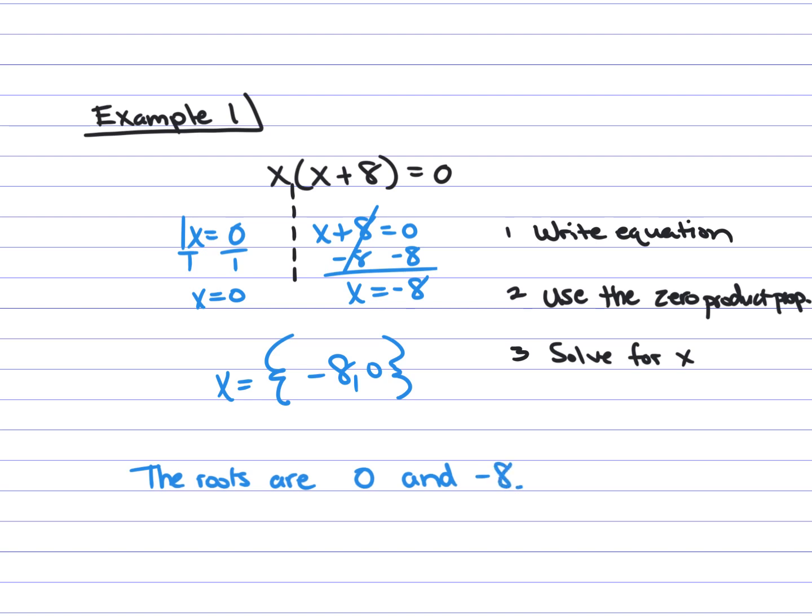That means if we were to graph this quadratic, that is where it would cross the x-axis. Recap: it's already in factored form, so we write the equation, use the zero product property and set the factors equal to 0, and then solve for x. Usually just two steps maximum.